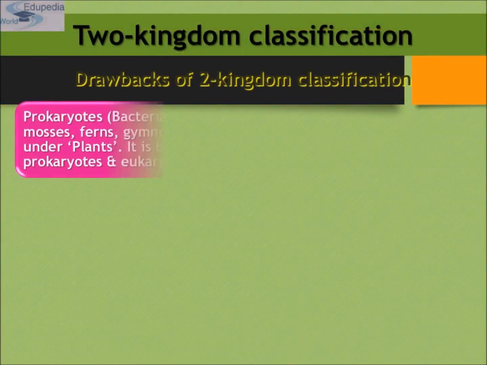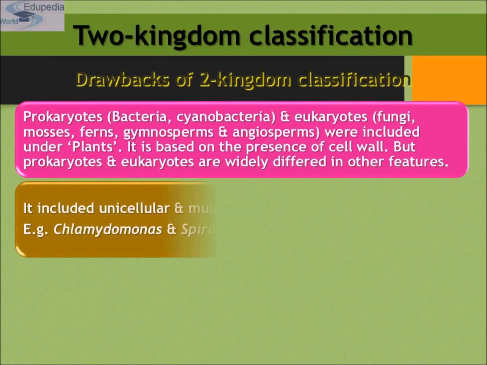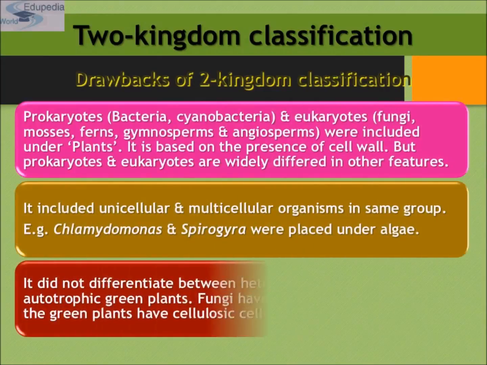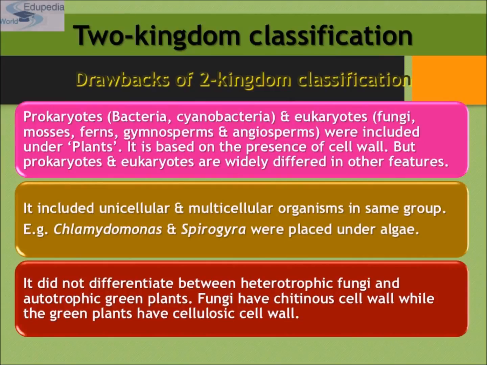Now, we'll talk about the demerits of the two-kingdom classification. The two-kingdom classification was in use for a long period of time. As more information came into the picture about various groups of plants and organisms, this system was found to be inadequate.